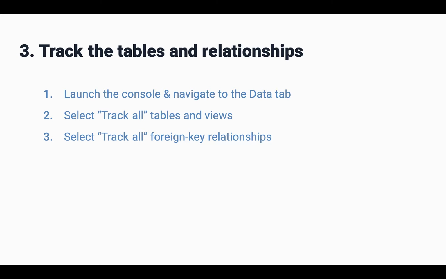Finally, now that we have the data, we want to track the tables and relationships in Hasura. So launch your new console, navigate to the Data tab, select Track All Tables and Views, and then select Track All Foreign Key Relationships.